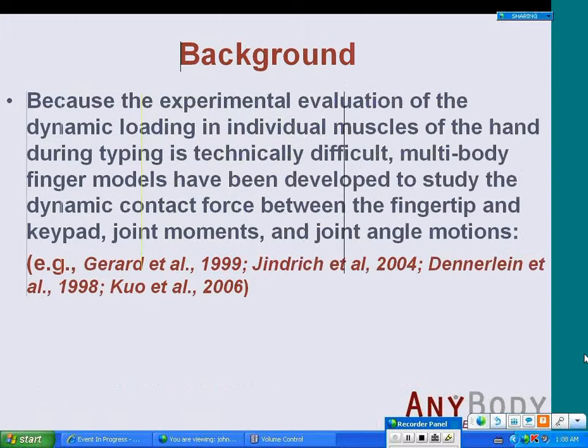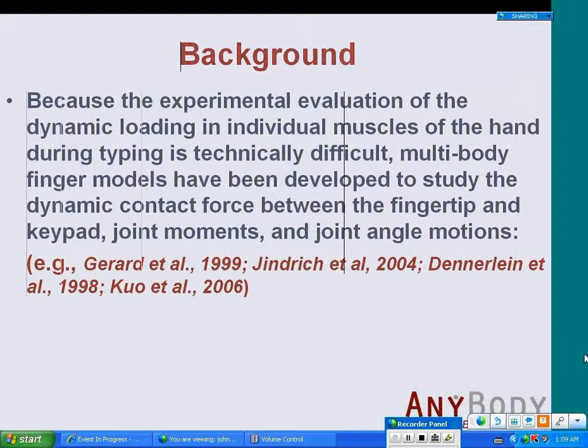Because experimental evaluation of dynamic loading in individual muscles in the hand during typing is technically very difficult, if it is possible at all, multi-body finger models have been developed to study such problems.